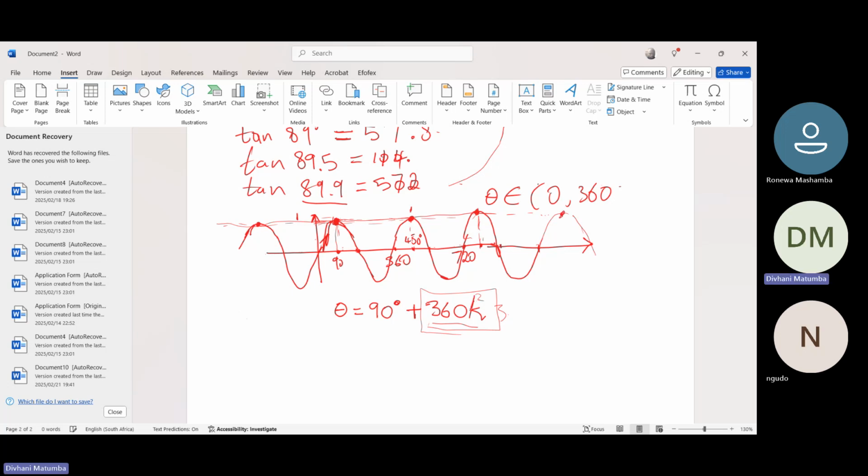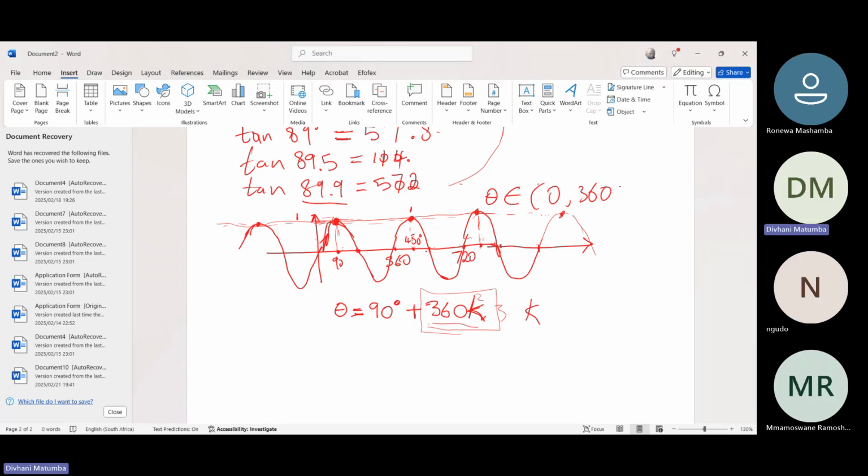So generalizing means it's showing you what to add in order to get the next solution, which is the same. So our solution will be 90 plus 360K degrees, whereby K is the element of integers.